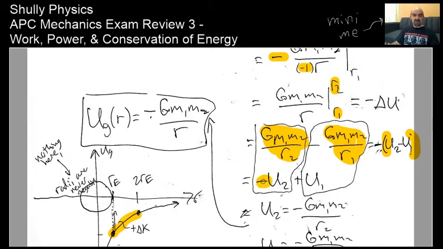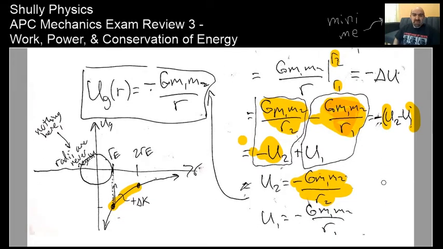So to go from this form to this form, you'll notice that this G m1 m2 over r has to be a negative value, negative G m1 m2 over r2. I said r squared, I didn't mean r squared. And this value over here, if we apply this out here, we're adding U1. Well, that means U1 has to also be a negative for this expression to remain the same.